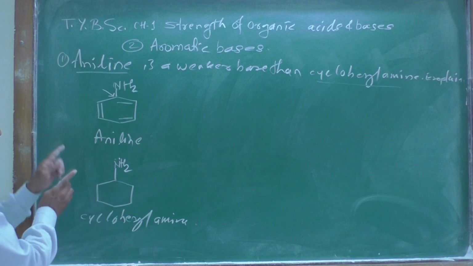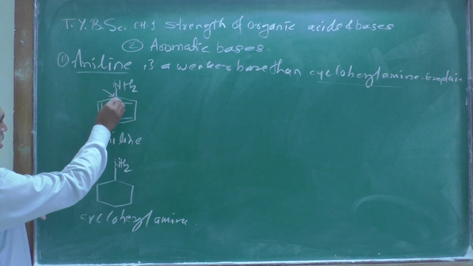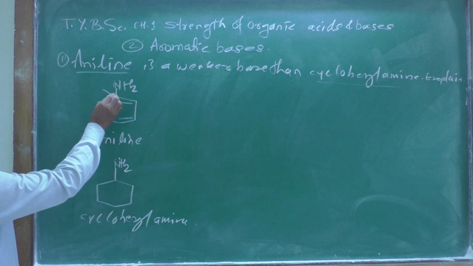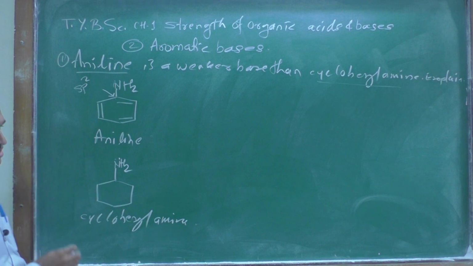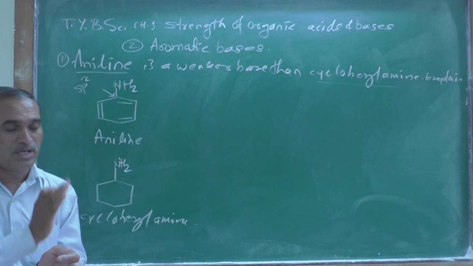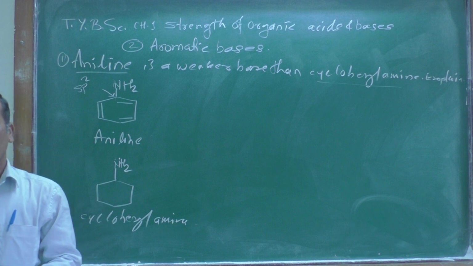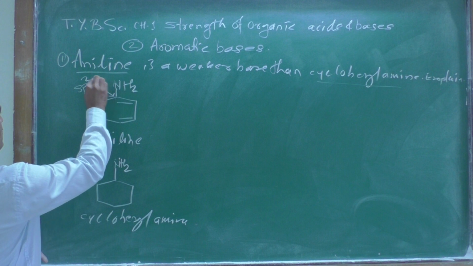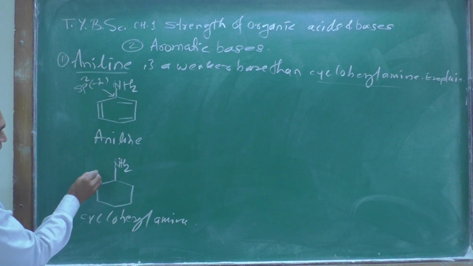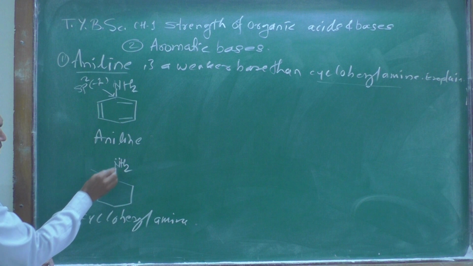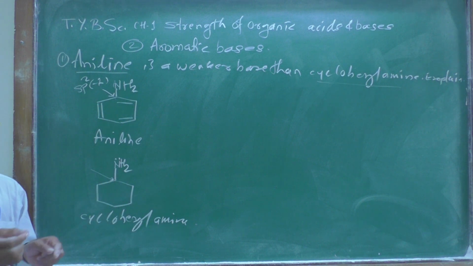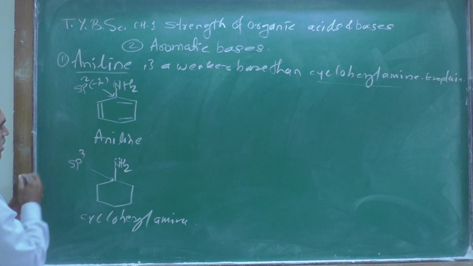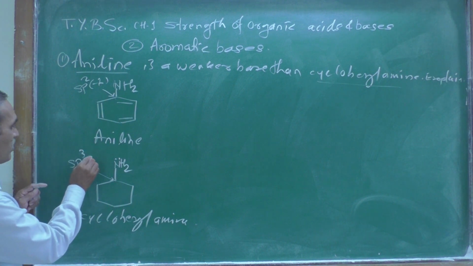Now look at the NH2 group attached to a carbon atom that shows sp2 hybridization, right? This carbon atom is sp2 hybridized, and as we know, if sp2 hybridization is there, it exerts a minus I inductive effect. Similarly, this NH2 group is attached to a carbon atom that exhibits sp3 hybridization. Here sp3 hybridization shows what kind of effect?